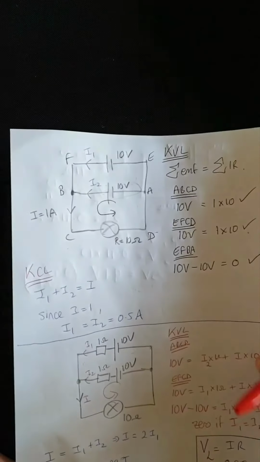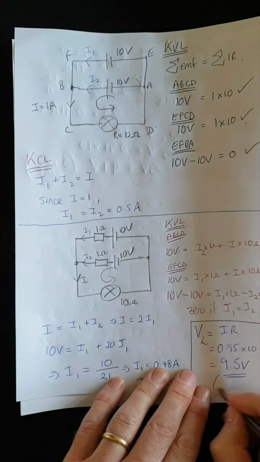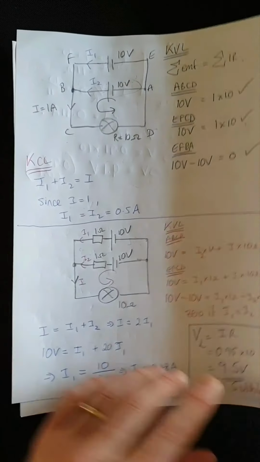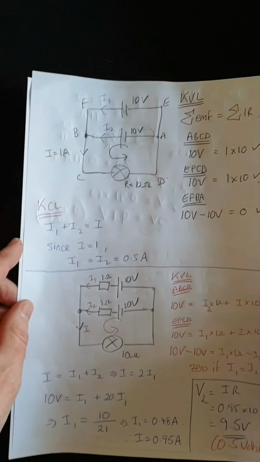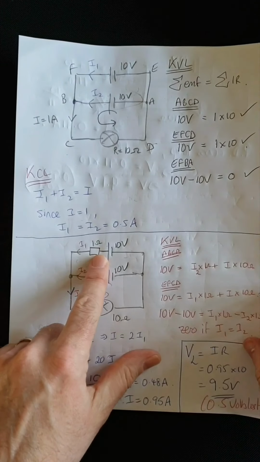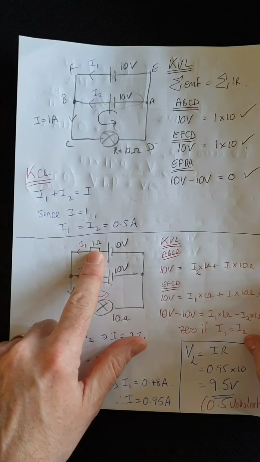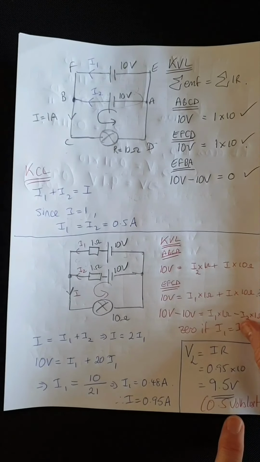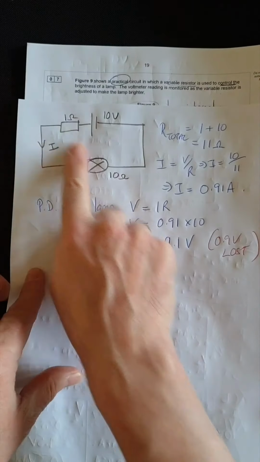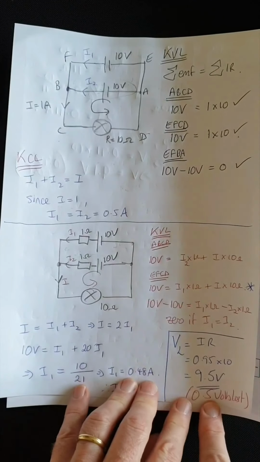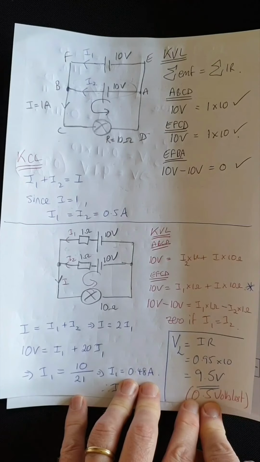Whereas previously I said if I had had two cells in parallel, 0.5 volts lost. So what this analysis has shown us is that by adding an extra cell where I have an internal resistance, I end up with less voltage being lost through the internal resistance. In this example, where I had one cell, I lost 0.9 volts. When I have two cells, I only lose 0.5 volts.